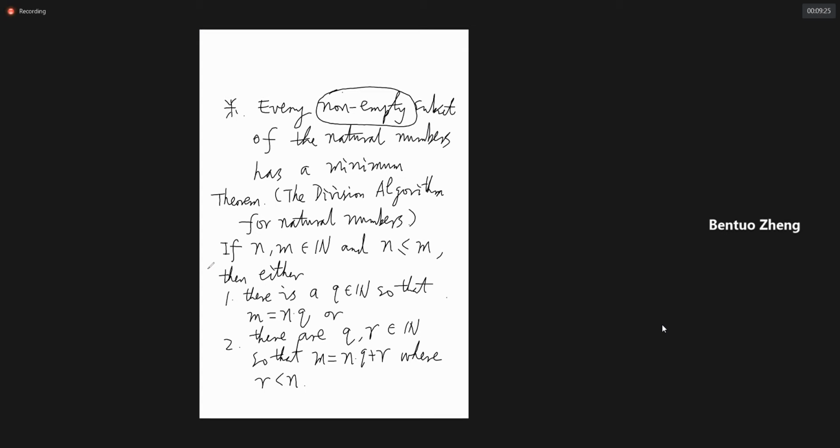Okay, so let's see how we use the properties we just reviewed to prove this division algorithm. Let's look at the proof.